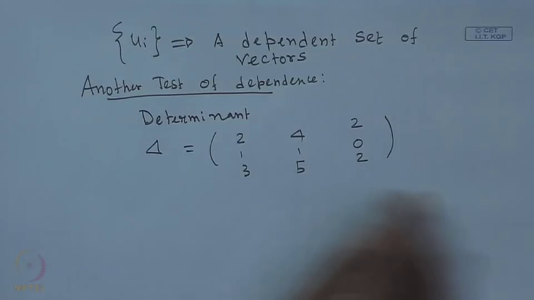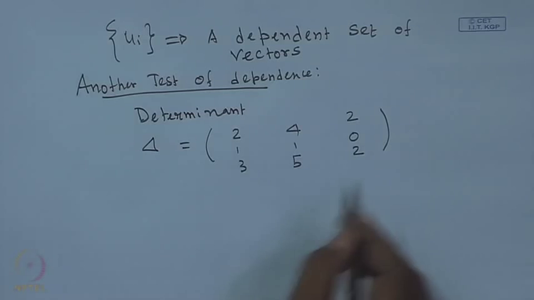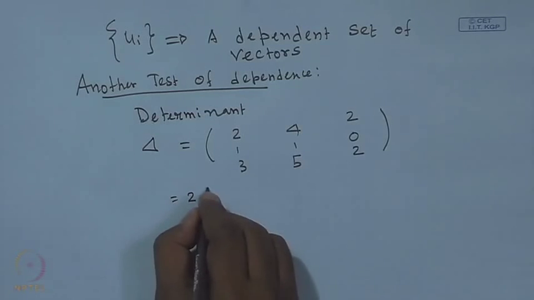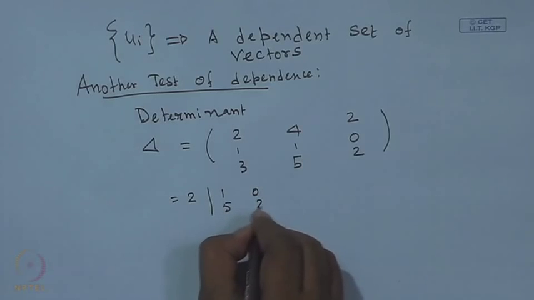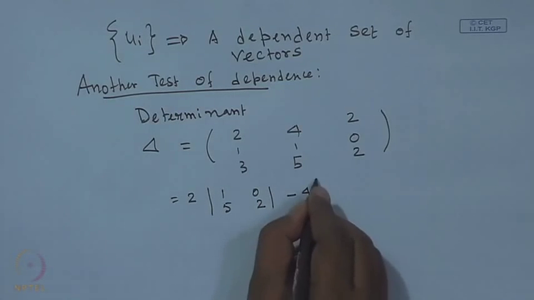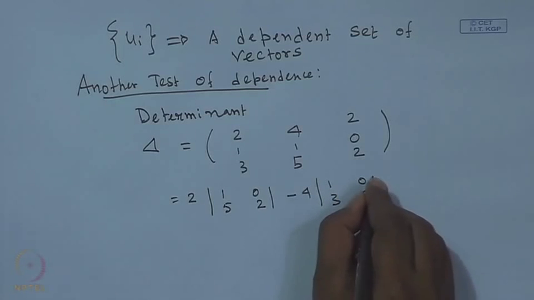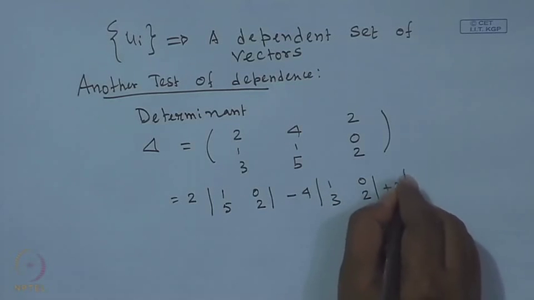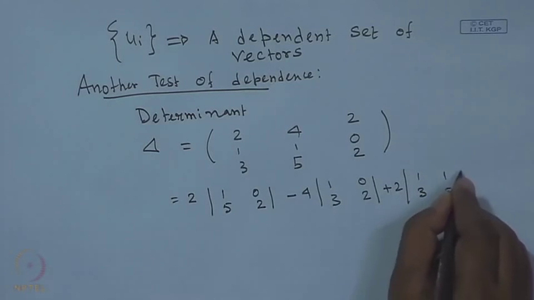Now, if you would like to find the value of this determinant, just expand this determinant. 2 times the minor 1, 5, 0, 2, minus 4 times 1, 3, 0, 2, plus 2 times 1, 3, 1, 5.